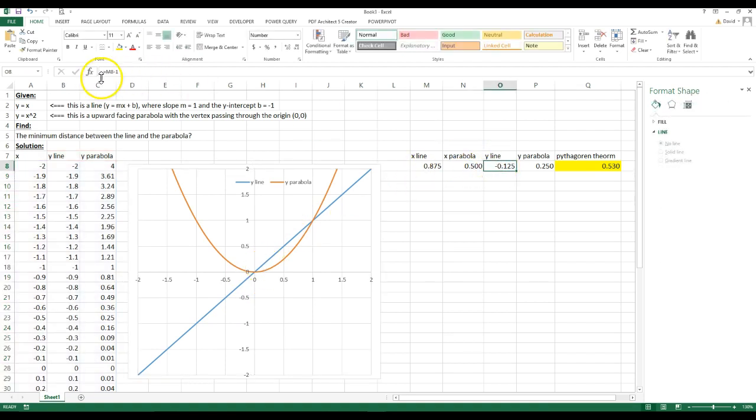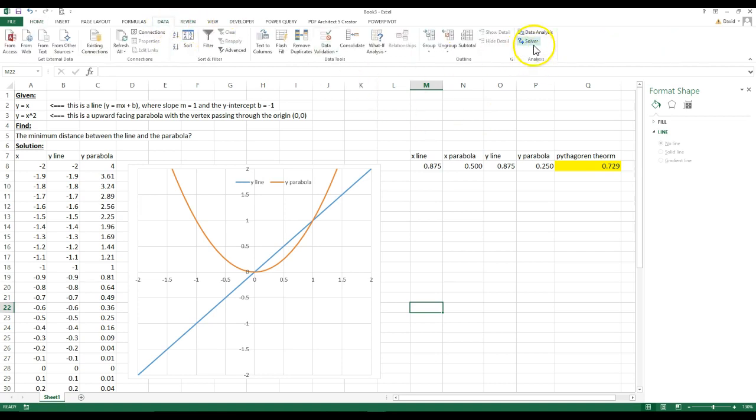We have to change this to y equals x also. Now we can solve this again. I go to Data, Solver, Solve, and it finds this point here, 1, 1, and it finds that the distance is 0. Of course, since they intersect, the minimum distance is 0.